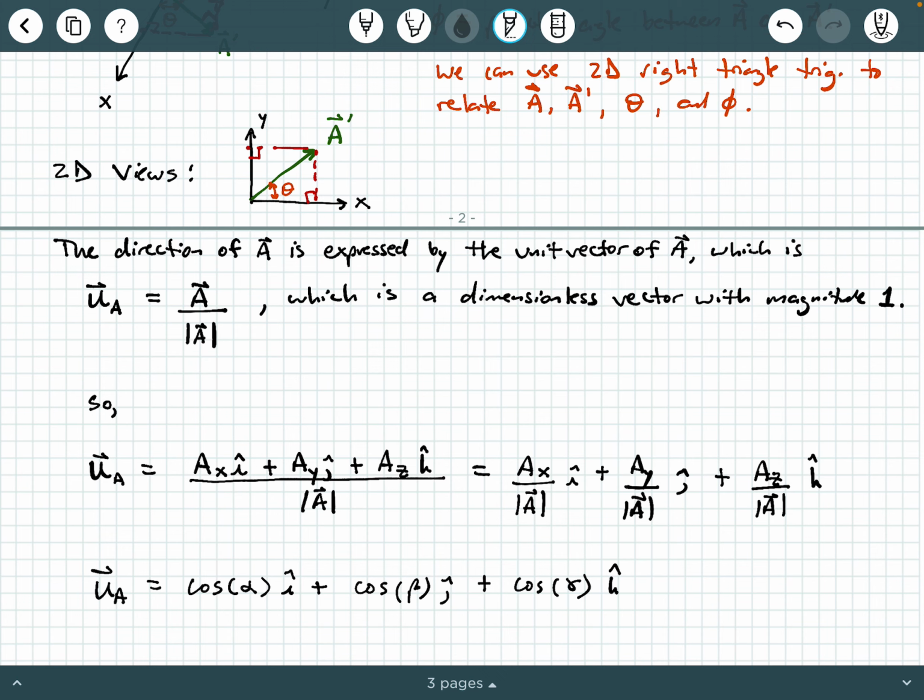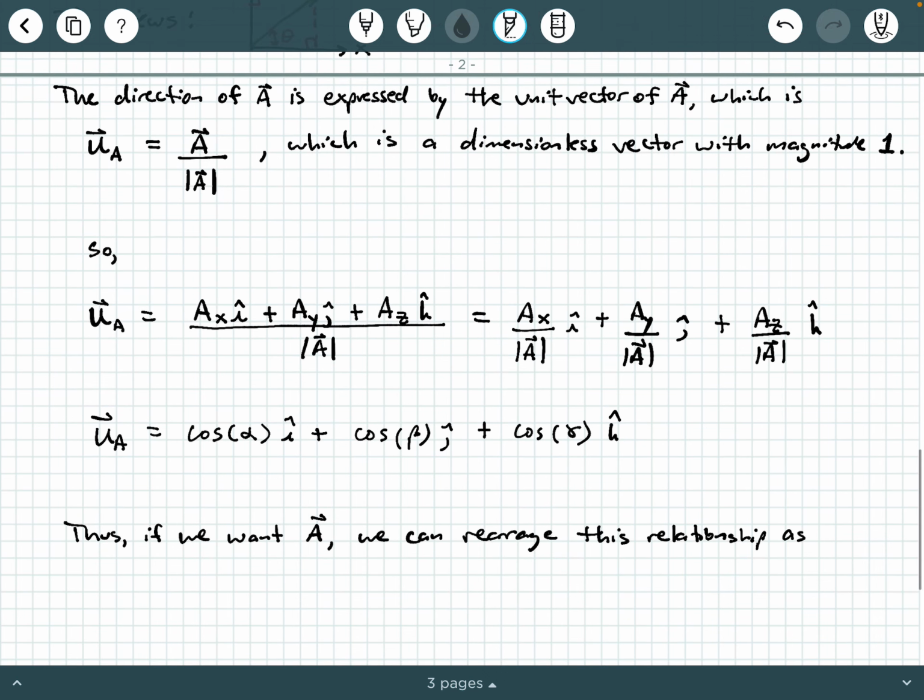Now, what we can also do is rearrange this relationship, and really any version of this relationship, and solve for vector A directly. So, of course, you can reimagine this as A vector equals magnitude of A times the unit vector of A, okay?